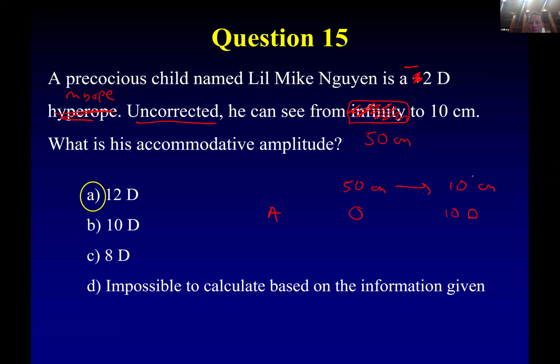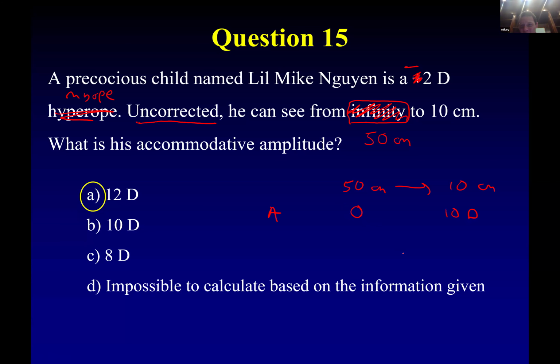Sorry, let me fix that. He's using 0 here, and then he's getting to 10 diopters here, but he has 2 built in.